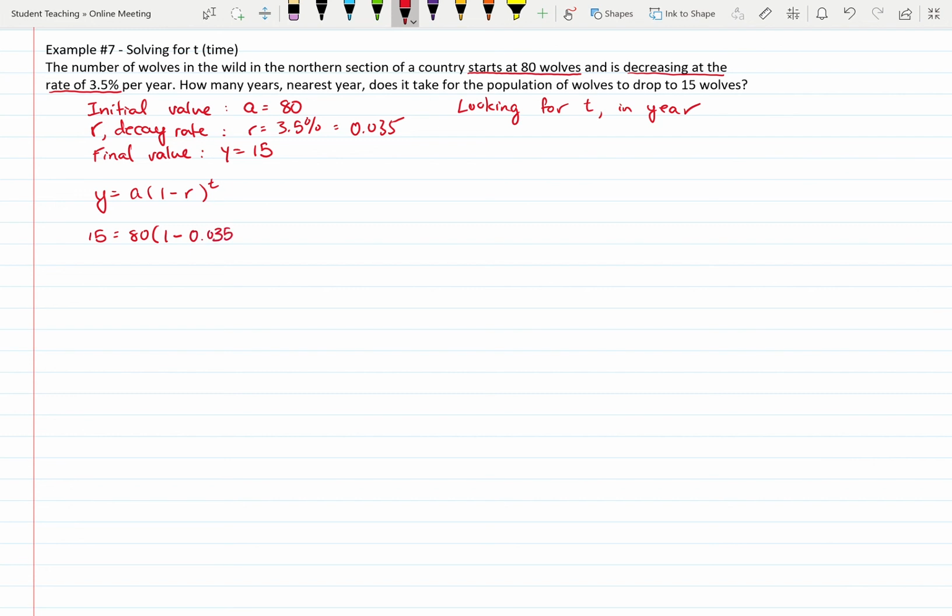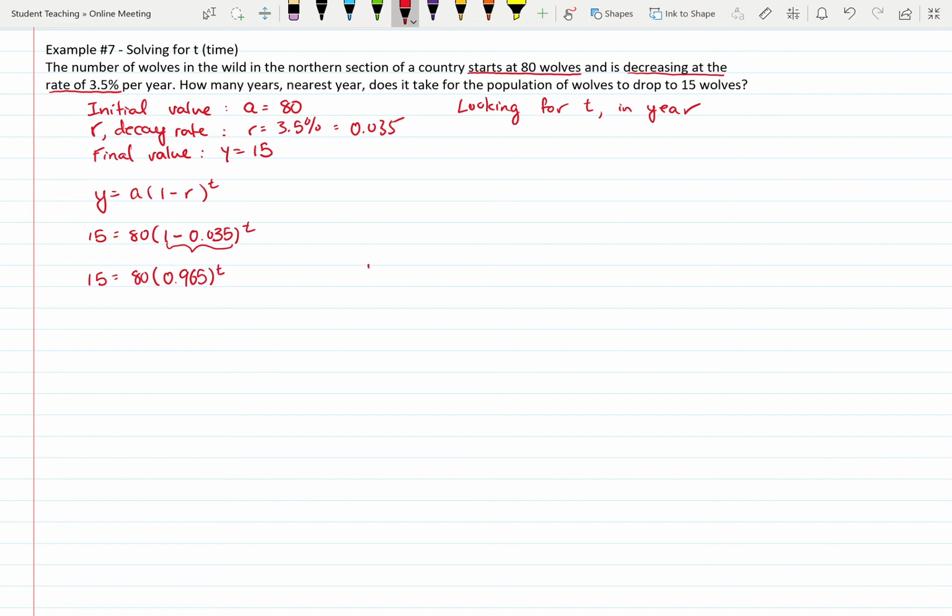We know r this time, but we don't know t, so just leave t as it is. Work with the parentheses first: 1 minus 0.035 gives us 0.965 raised to the t power.